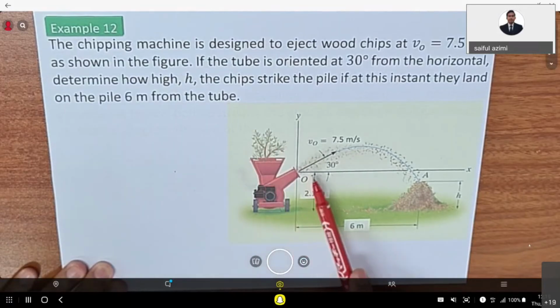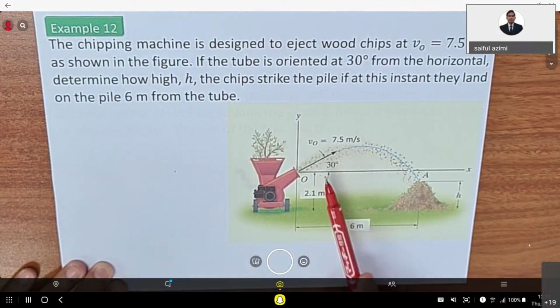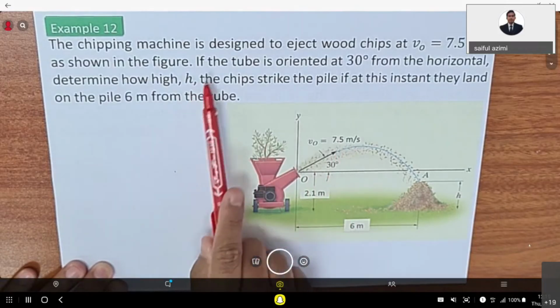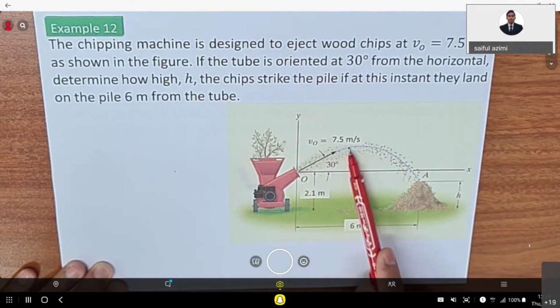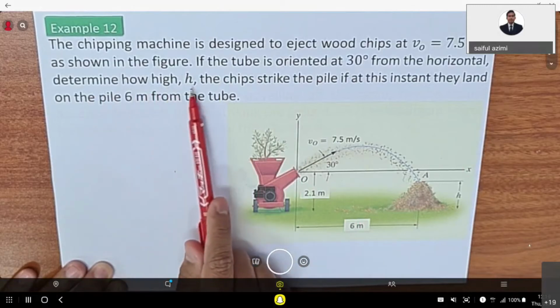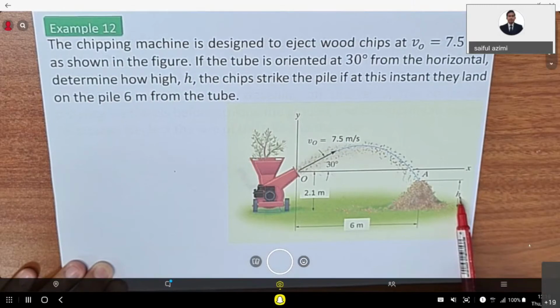The initial velocity is 7.5 meters per second. If the tube is oriented at 30 degrees from the horizontal, determine how high h, the height at which the chips strike the pile, if they land on the pile 6 meters from the tube.